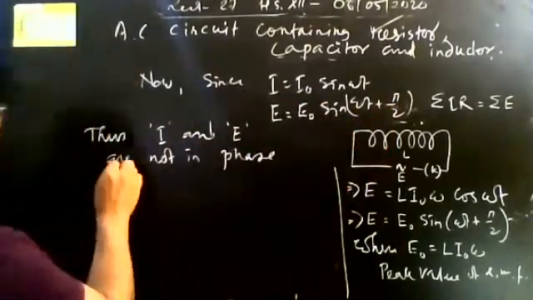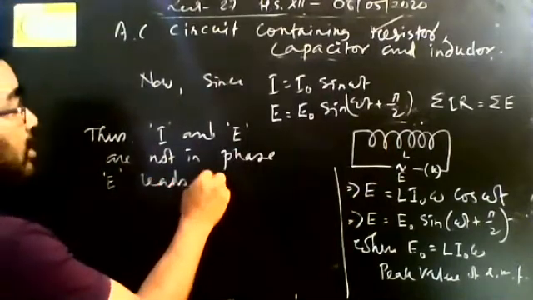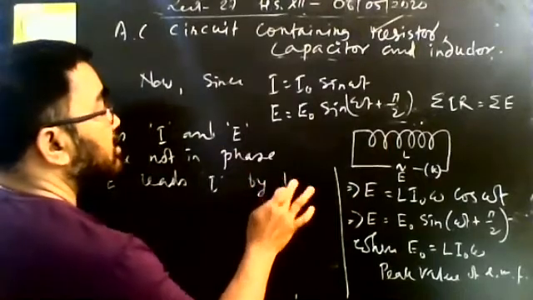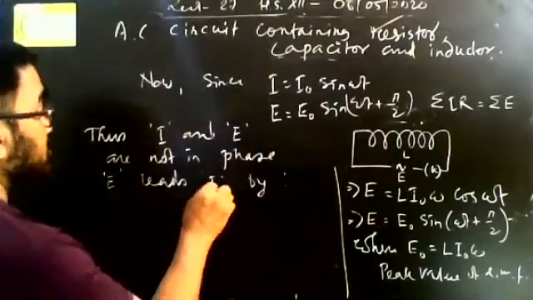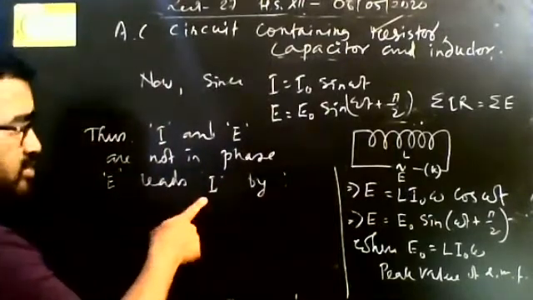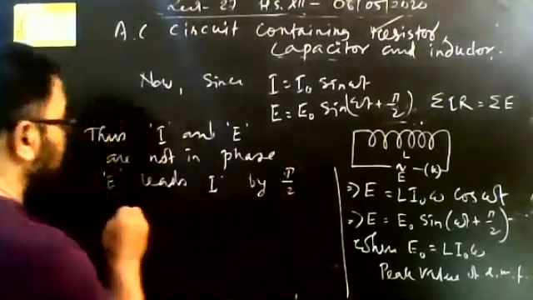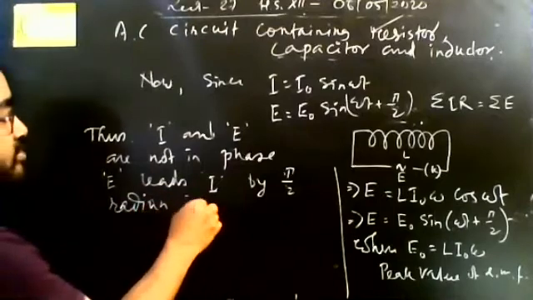Okay, E leads I, that is, EMF leads current by pi by 2 radian in phase.